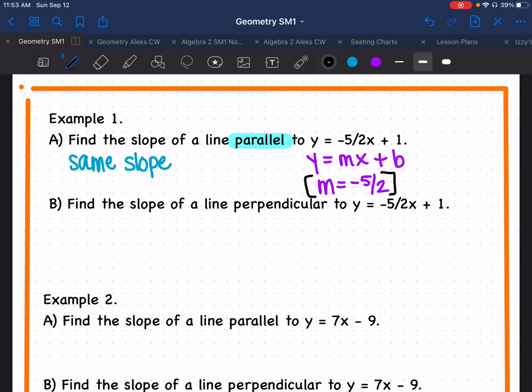Let's find the slope of a line that is perpendicular to y equals -5/2 x plus 2. So once again, my slope is of course the same, -5/2. All right, but when we are perpendicular, they are opposite reciprocals.